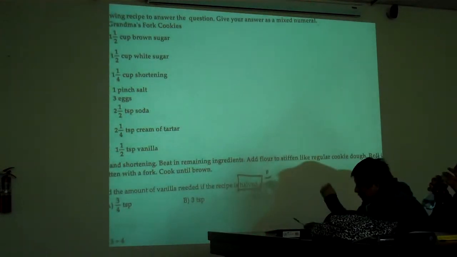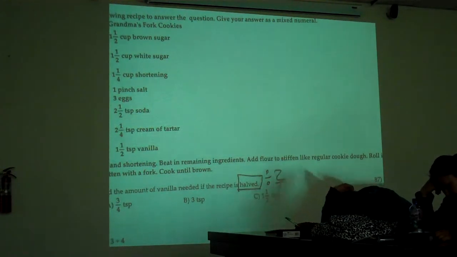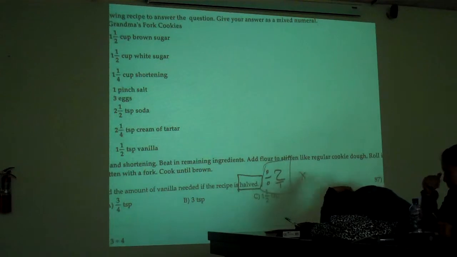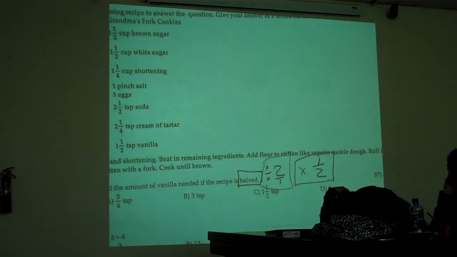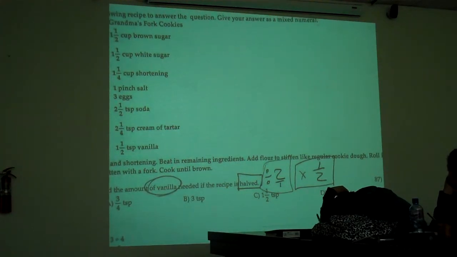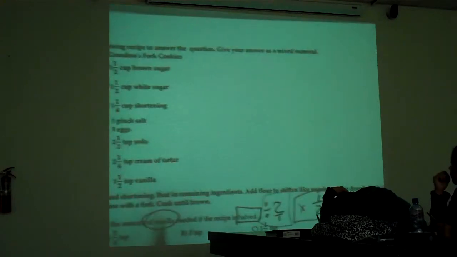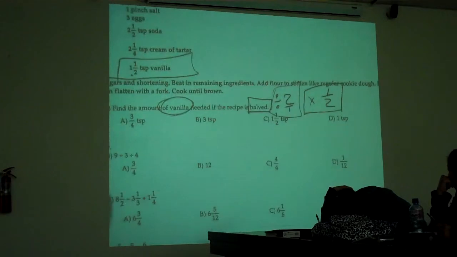You're dividing it by 2, which is the same as multiplying it by 1/2. So we could multiply it by half. Okay, the vanilla is what we need. So how much vanilla? Up here it says 1 1/2 teaspoons of vanilla for one recipe.